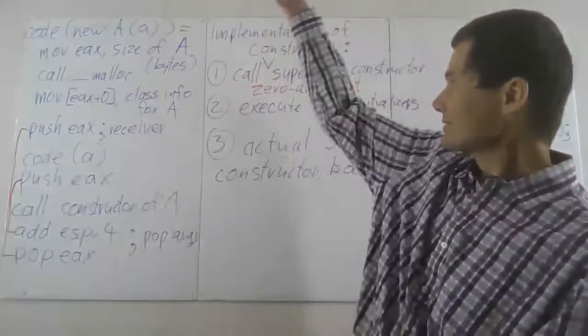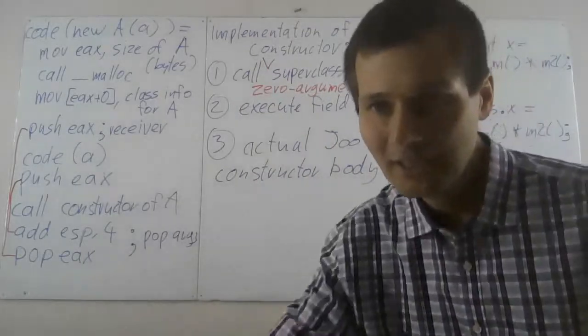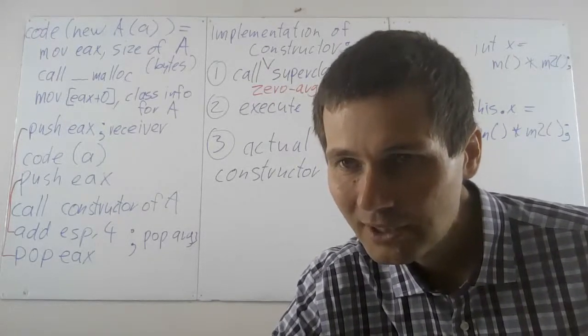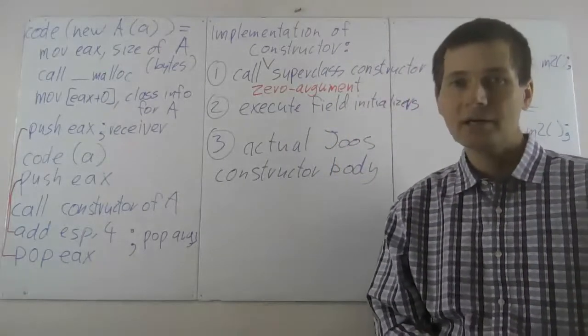Okay, so I've got a question about the constructor. Good, so let's look at the constructor. Do you execute field initializers in step 2, even if fields are assigned in the constructor body?